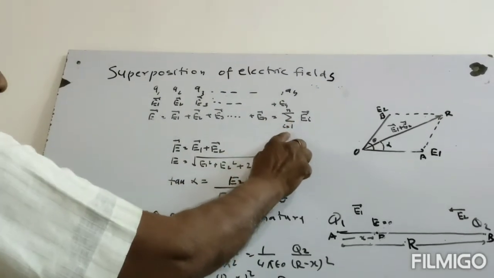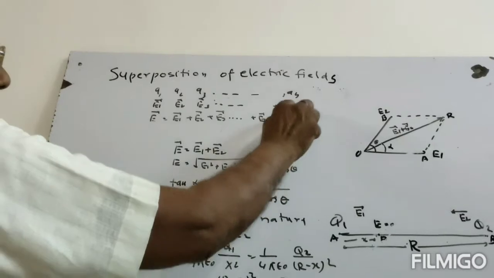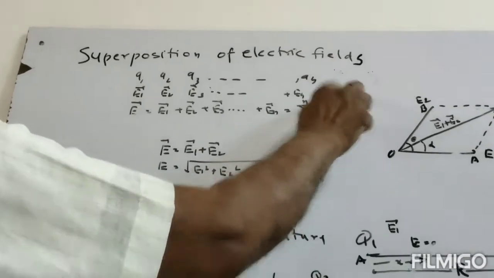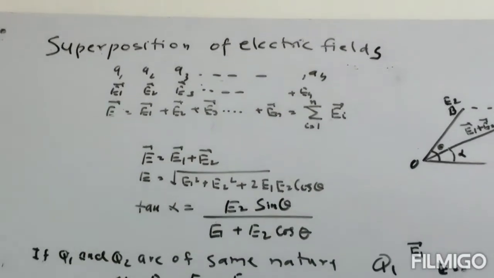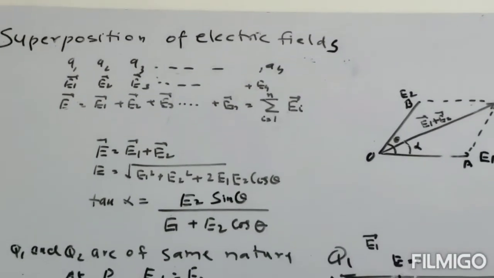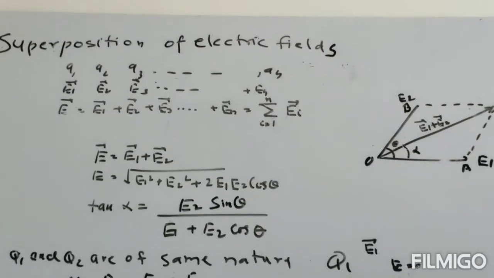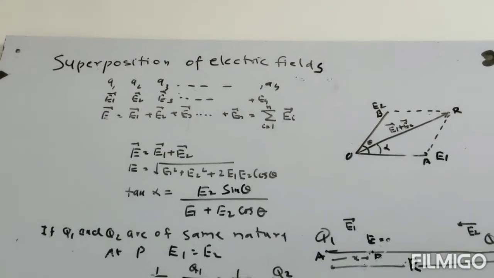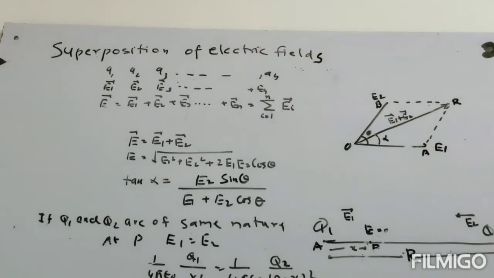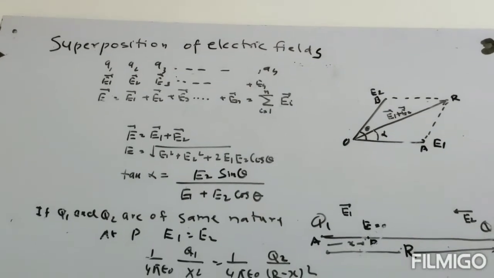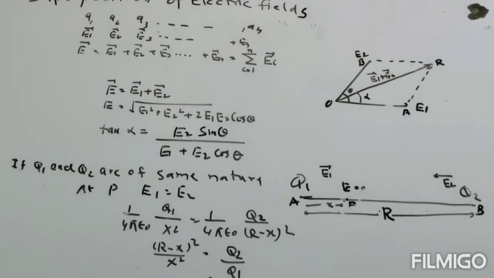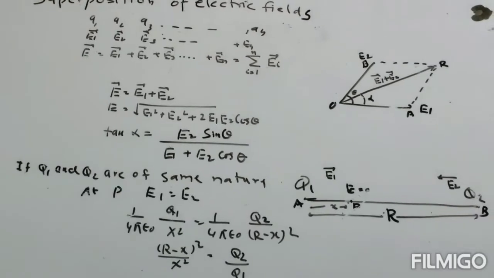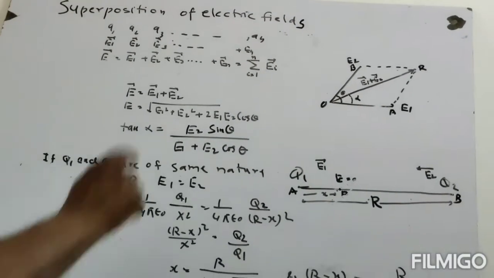That is equal to the summation of i equals 1 to n of Ei vector. So in this way we can find the electrical field due to a number of charges. If we take a specific case when there are 2 charges, Q1 and Q2, then the electrical field due to Q1 charge is E1 and due to Q2 charge is E2.